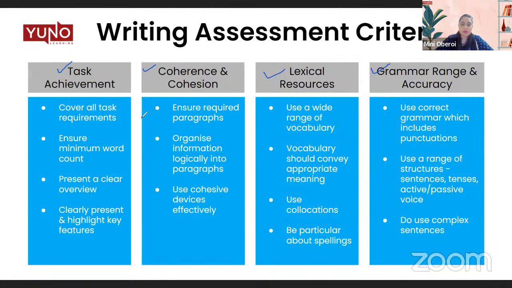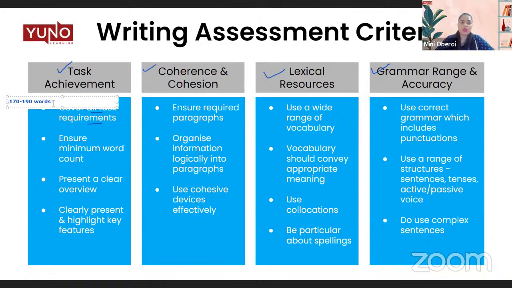Now, first, let's come to task achievement. Keep in mind, today I will discuss only maps, and according to maps, we must cover all the task requirements. So you must answer in the most appropriate length. We will try to write our response in roughly 170 to 190 words, right?